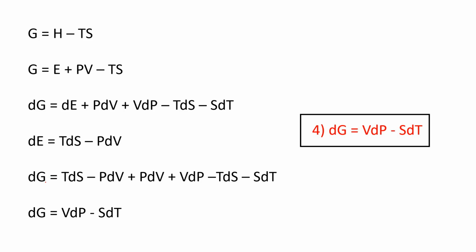So dG is equal to TdS minus PdV plus PdV plus VdP minus TdS minus SdT. Here TdS and TdS cancel, and also PdV and PdV cancel. So what is left over? dG is equal to VdP minus SdT. So our fourth equation is dG is equal to VdP minus SdT.